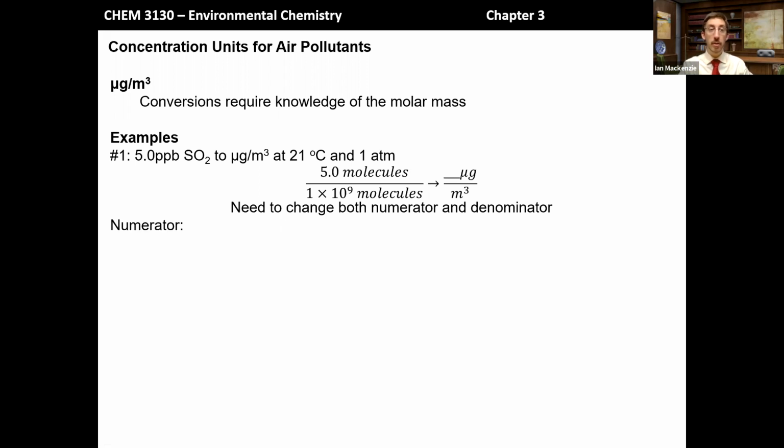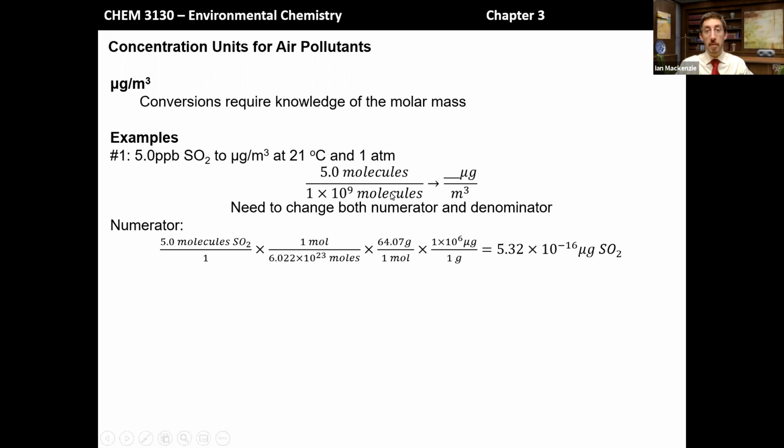So for the numerator, I simply take the number of molecules and convert that from molecules to moles using Avogadro's number. From moles, I can get to grams using the molar mass. So that will get me to grams. And then now that I'm in a mass unit, I can go from grams to micrograms simply using the metric conversion here.